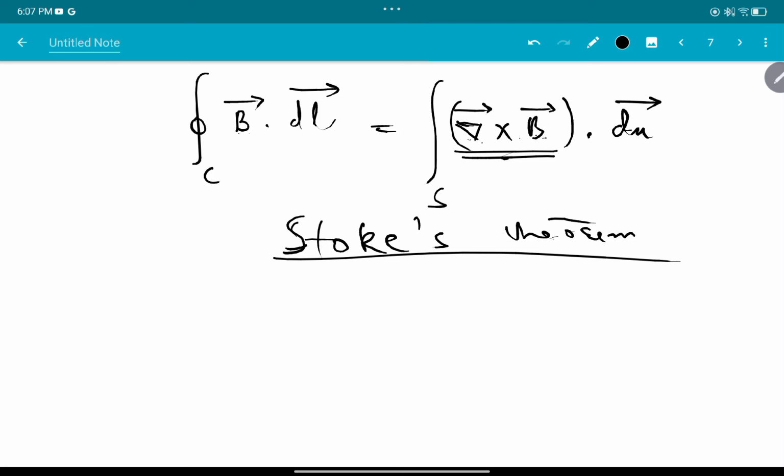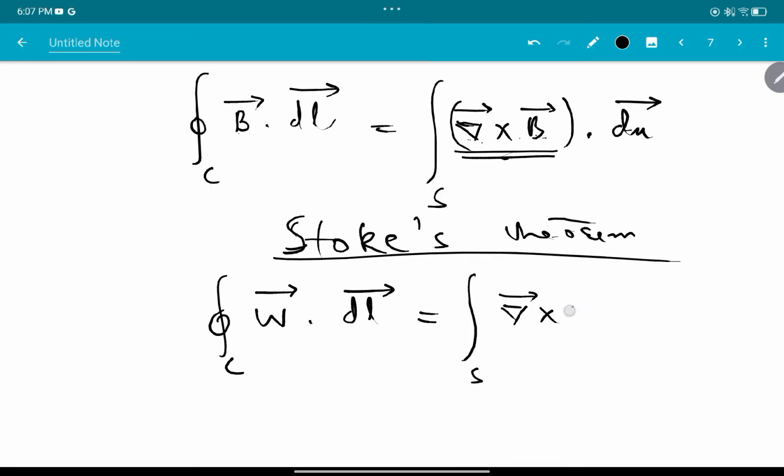So if I write a general vector field, say W, then the loop integral of W dot dl is equal to the surface integral of del cross W dot dA, the area element.